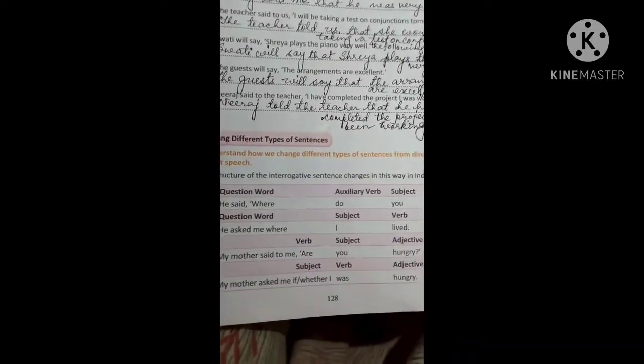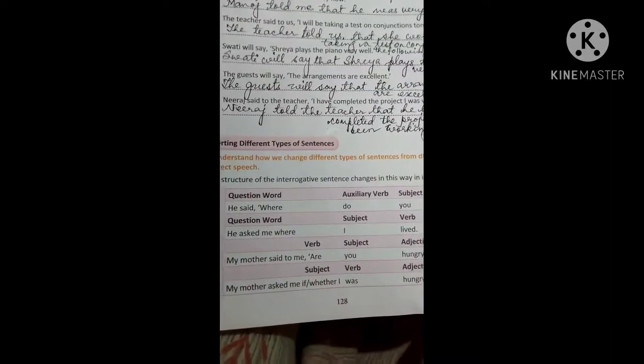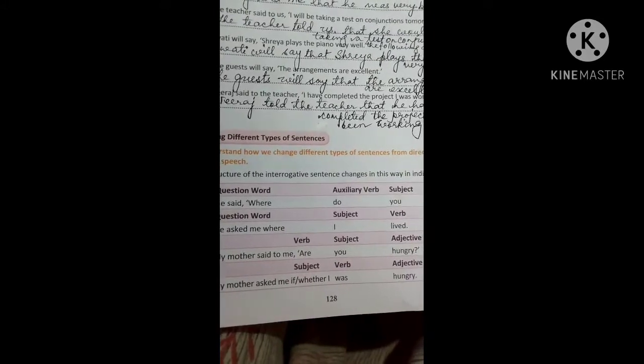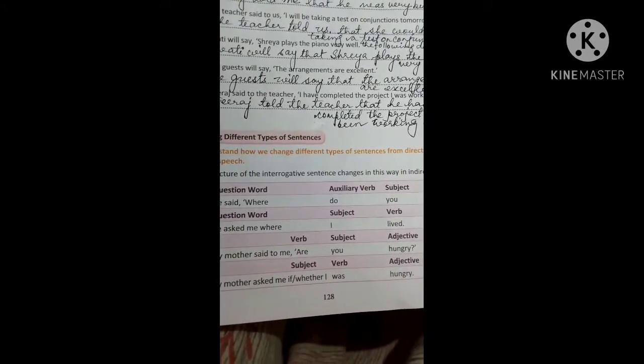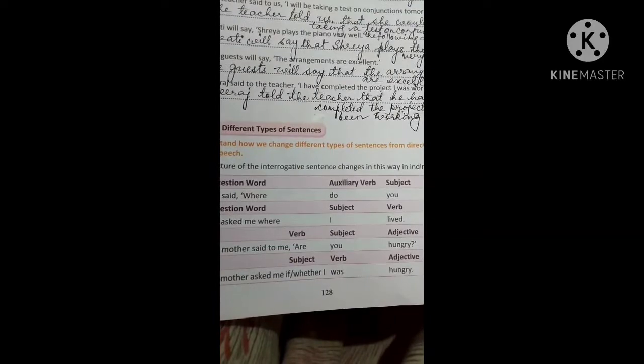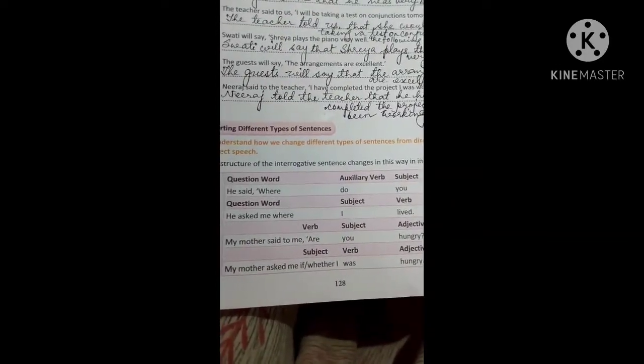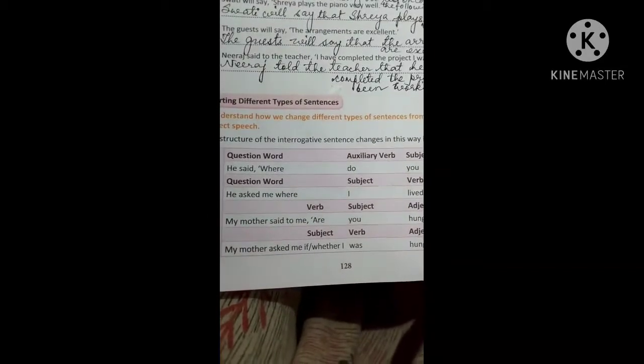Suppose here it is given, he said, "Where do you live?" In indirect speech you will write, he asked me where I lived. It will become lived. Okay, and there will be a full stop, no question mark.